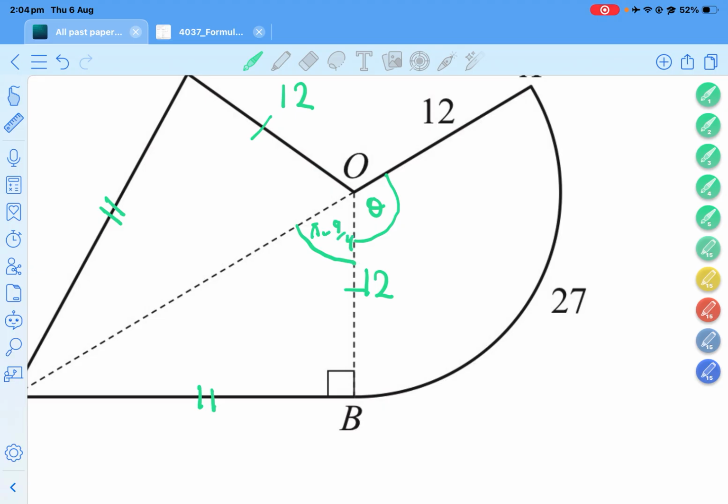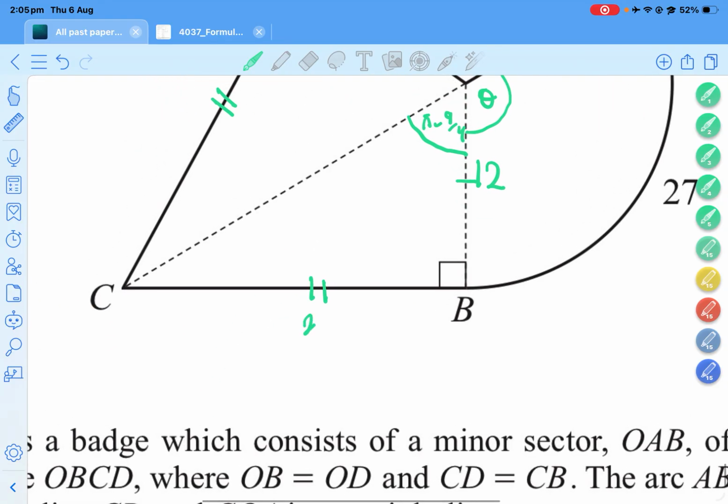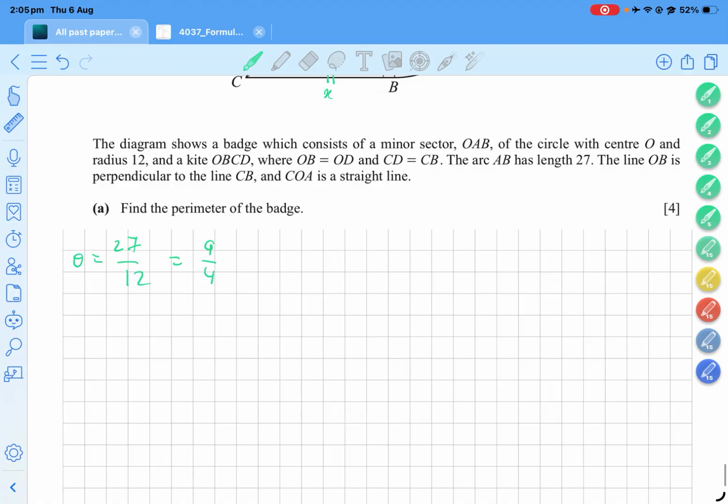Since we can calculate tan of this angle, it will be equal to this over this. Let's call this x. So tan of pi minus 9/4 is equal to x upon 12. So x we can find out, and I'll store that as variable a.